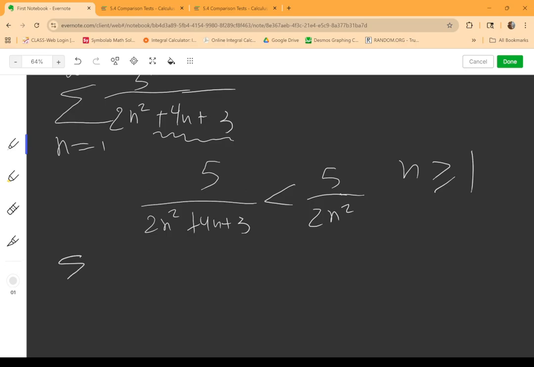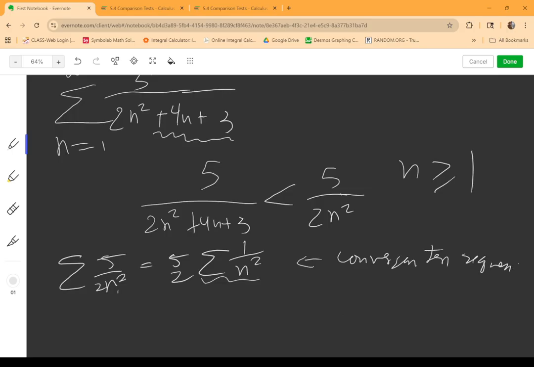So I know that 5 over 2n squared is 5 halves times the sum of 1 over n squared. This is a convergent P series, and multiplying it by 5 halves is still convergent. It's still a finite value.